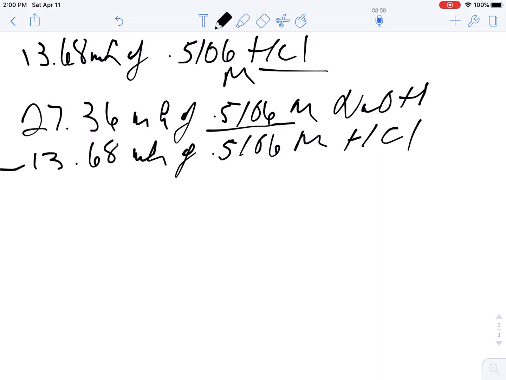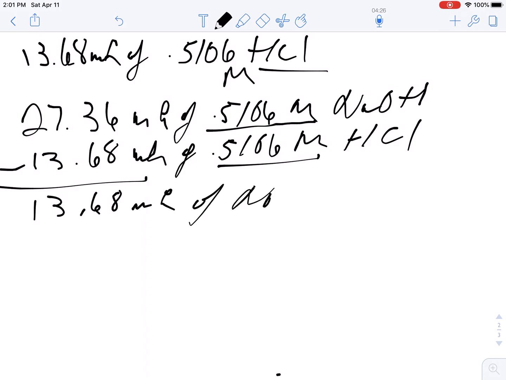They purposely picked the same concentration because this way you can think of it as, okay, I didn't add 27.36. What I did is I added whatever this subtraction is. And when you do the subtraction, it also comes out to be a very special number. It comes out to be 13.68.